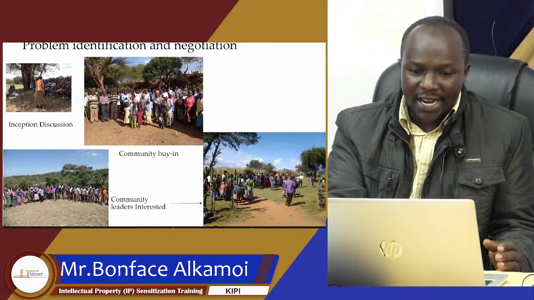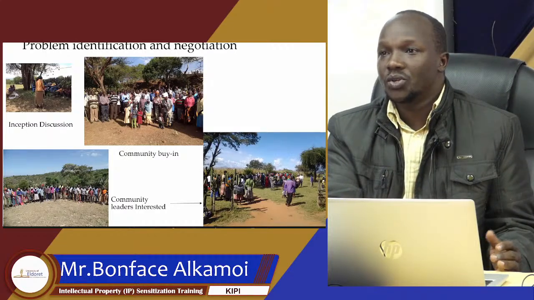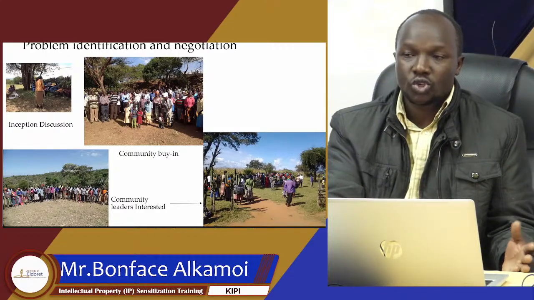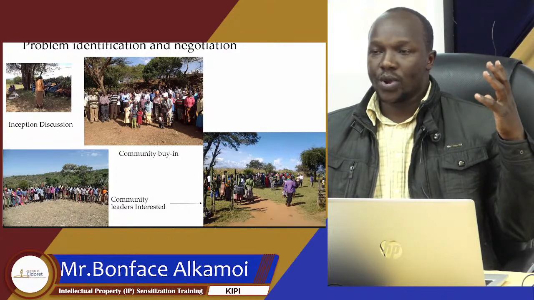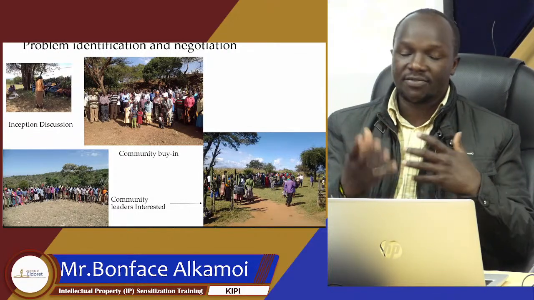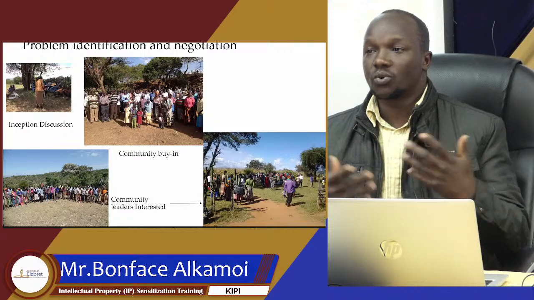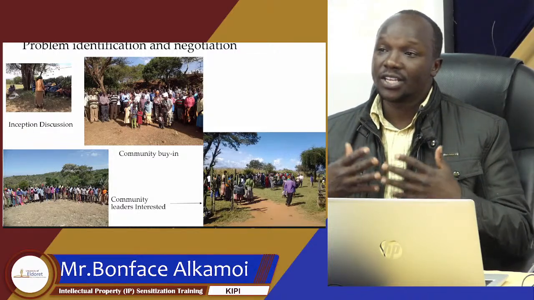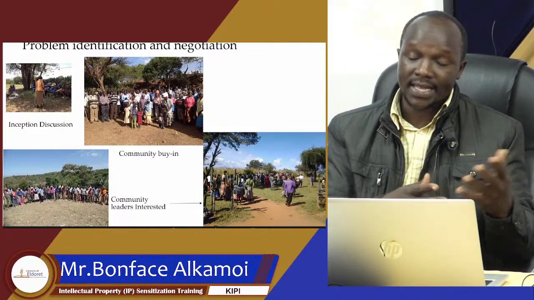And our approach is what we call a farmer research network. So we engage with the farmers, they identify issues, and we pre-test the solutions with them so that they choose the solution which best suits their situation.